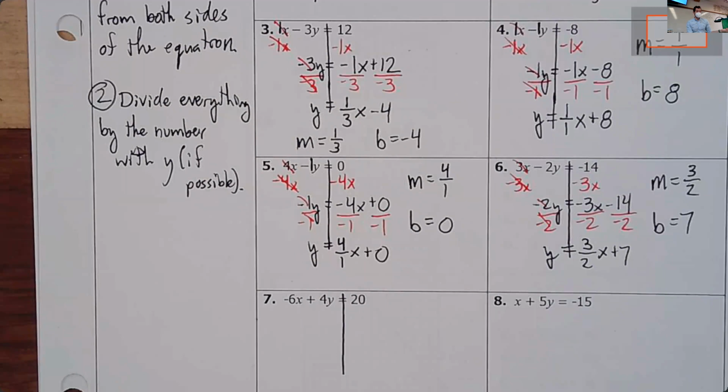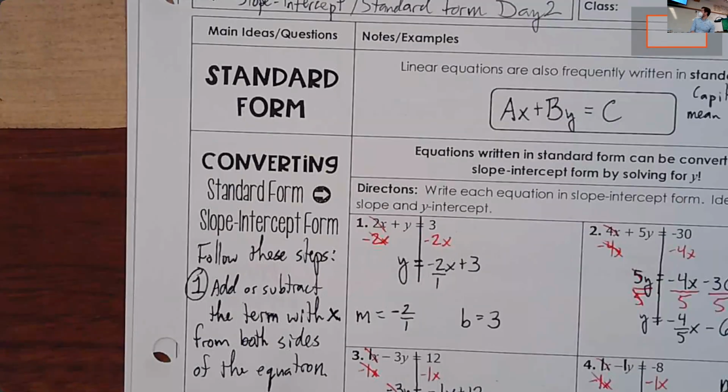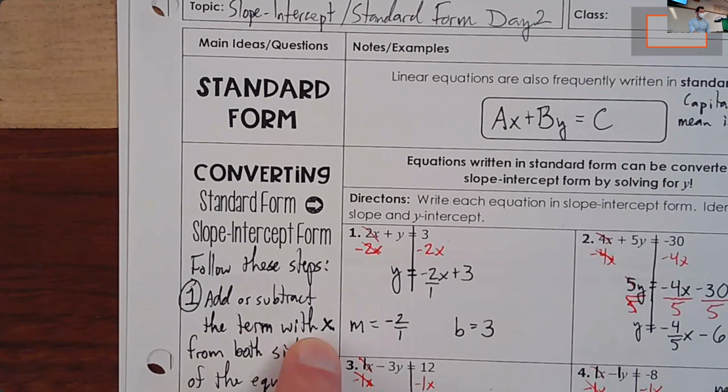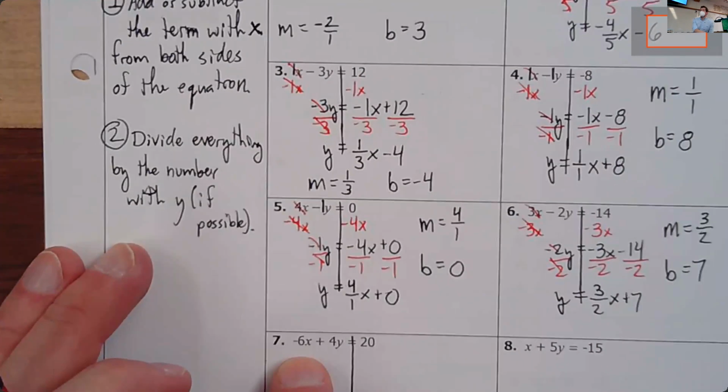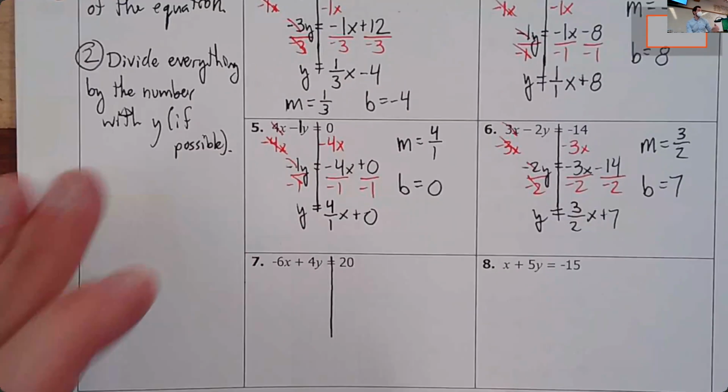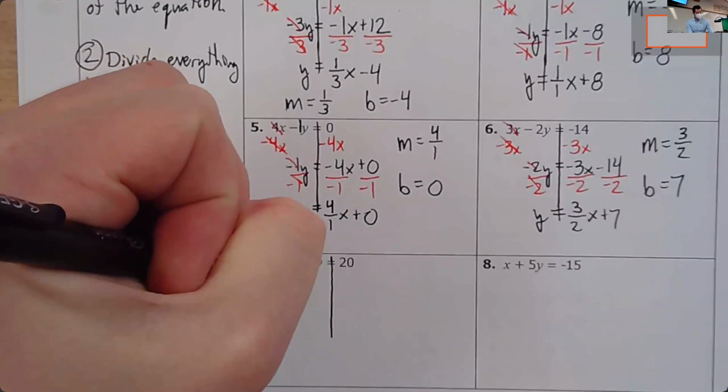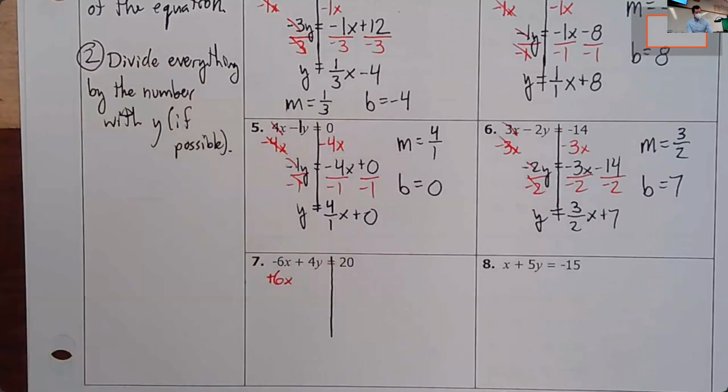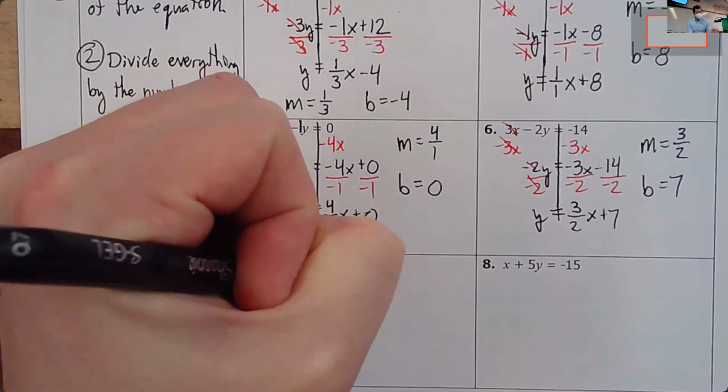Yeah, we're actually going to add this time because this is the first one so far where the value with x is a negative. And so what we wrote down for step 1 is add or subtract. We've subtracted every time so far, but we need to add this time because we're starting with a negative number with x instead of a positive number. So to get rid of a negative number, you have to add that same value to get rid of it. So plus 6x on both sides to start this one off.